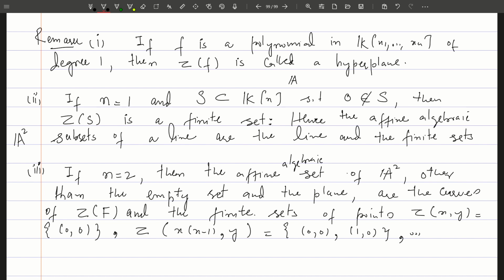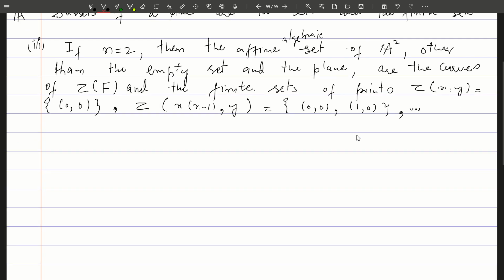Now, we proved earlier that this function Z is actually a decreasing function.